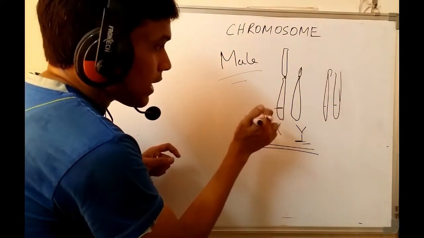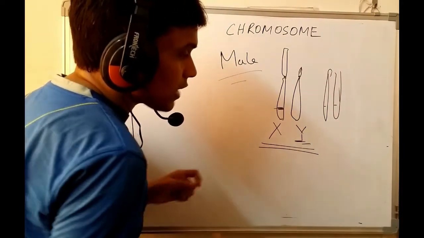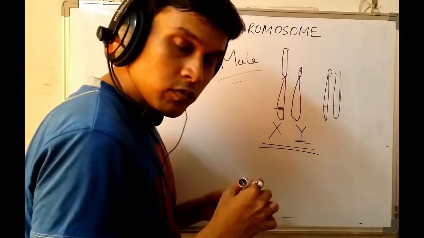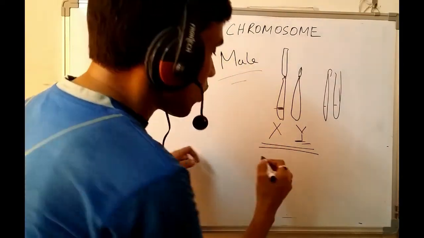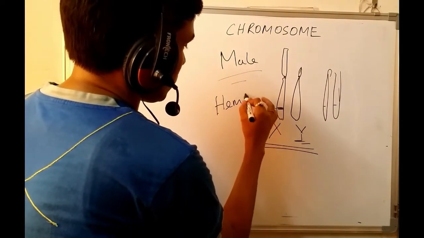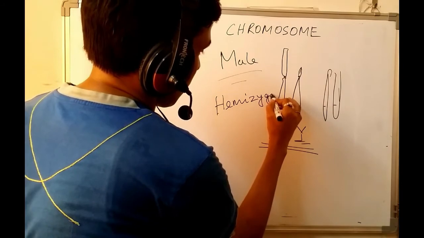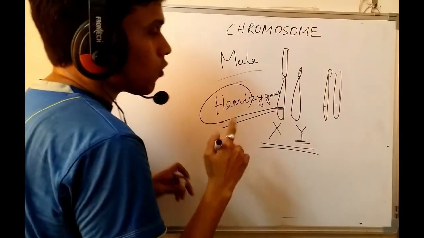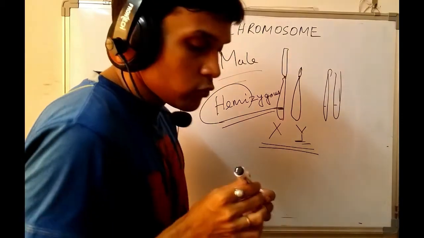So, for a gene present in the X chromosome, there is no other form present in the Y chromosome. This kind of thing is called hemizygous. Hemi means only one form is present instead of two forms.